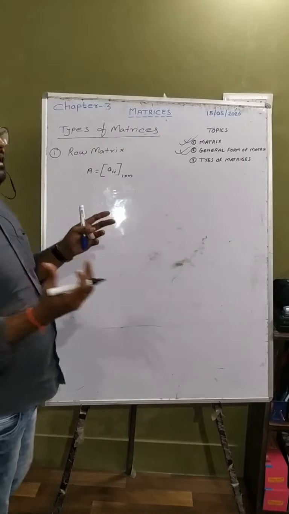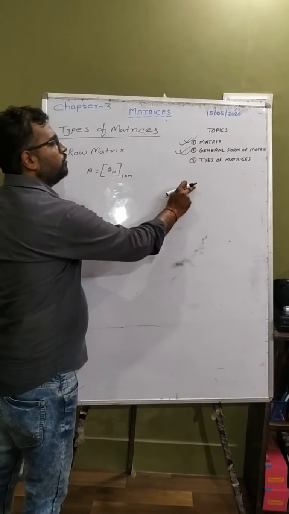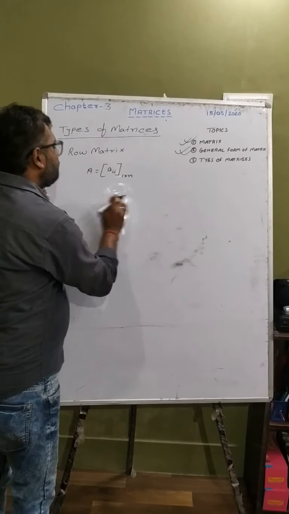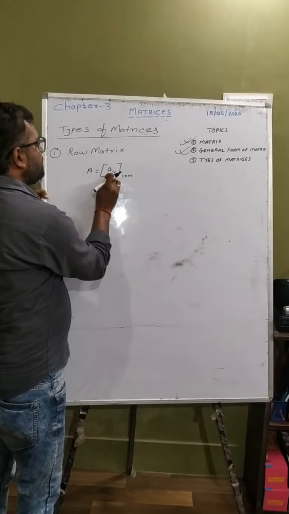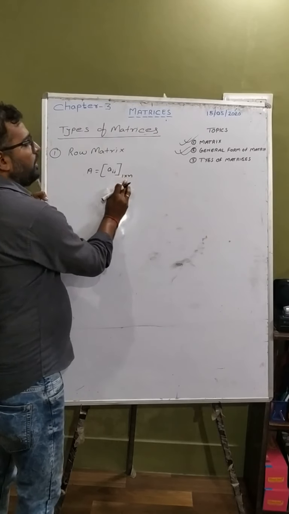In a very simple manner, every matrix where there is only one row, with no restriction on the columns, has the general form Aij of order 1 by n.